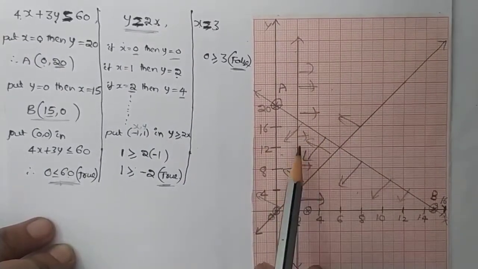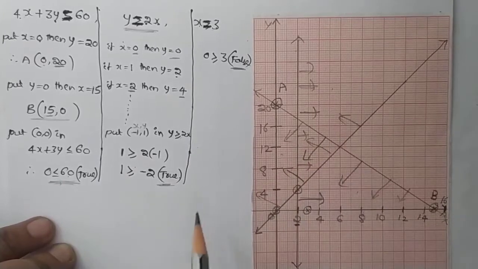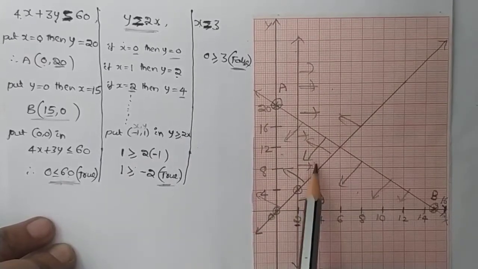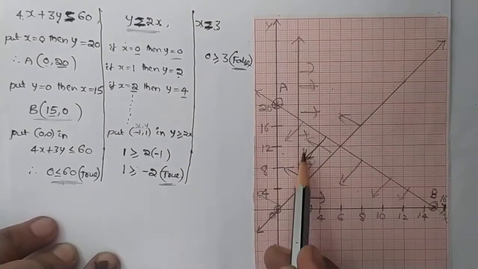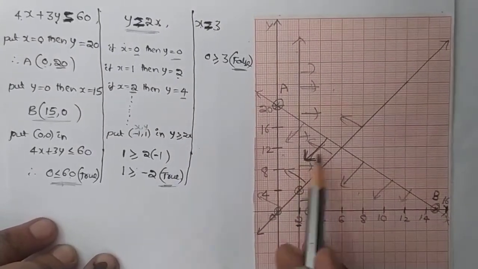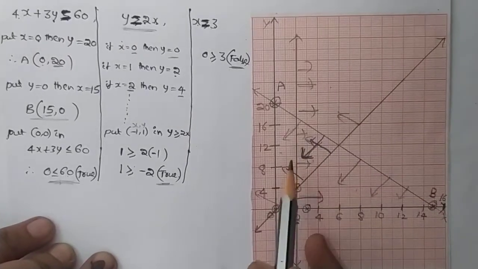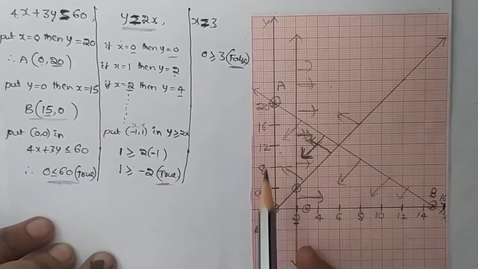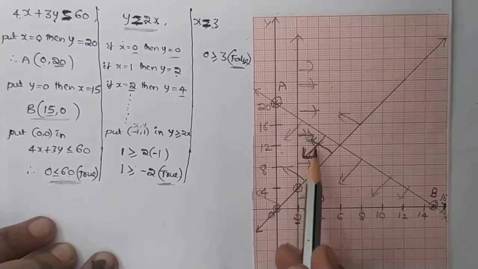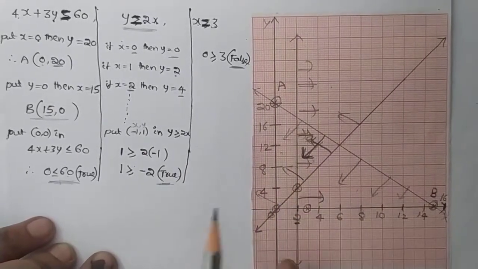But here, 1, 2, 3, 3 inequalities are coinciding in this portion. This inequality is also merging, this inequality is also merging, this inequality is also merging, isn't it? 3 inequalities are coinciding in this area, in this place.